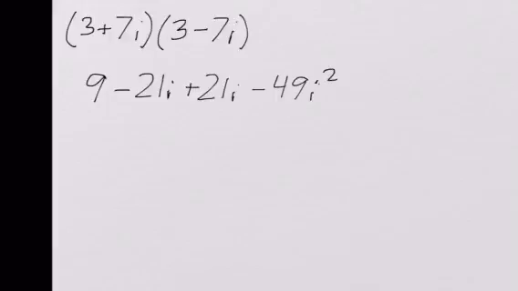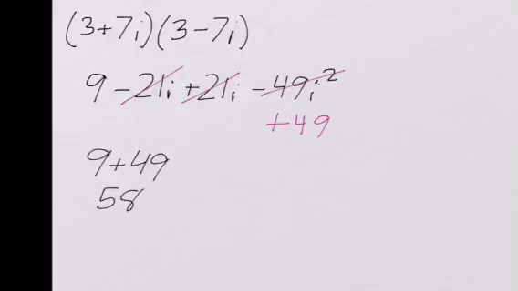Well, i squared is negative 1, so I can immediately replace that with a plus 49. I can also immediately cancel the minus 21i and the plus 21i. So I end up with 9 plus 49, or 58.